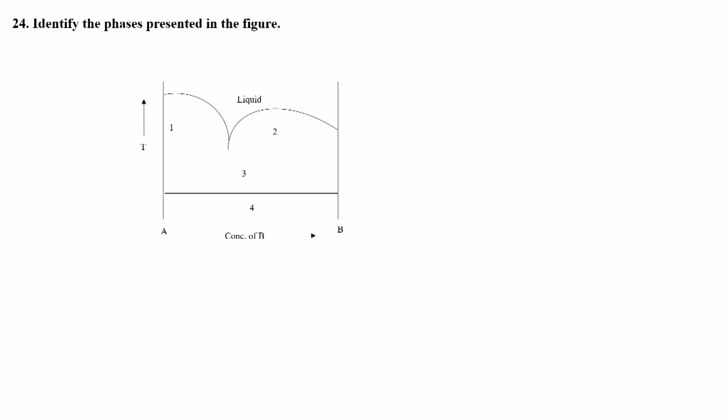Problem number 24 is identify the phases present in the figure. It shows two substances, right? Two substances are completely immiscible in the solid phase.